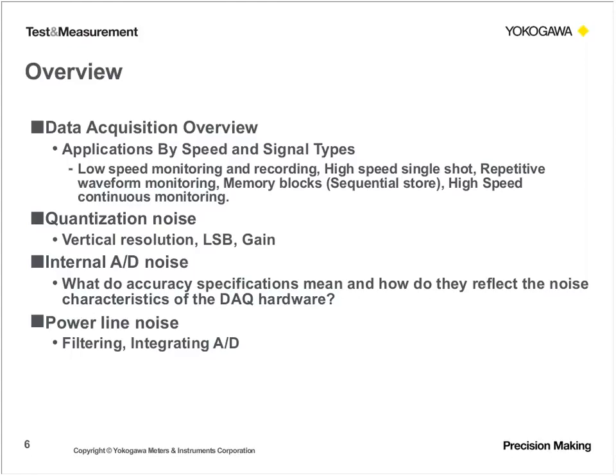Taking a quick look at the overview, the meat of this presentation, we will be covering 7 of the most common noise sources found in data acquisition. I know that there are additional sources of noise in data acquisition. Some of those we won't be covering, but for the 7 most common types, we will be thoroughly covering them.